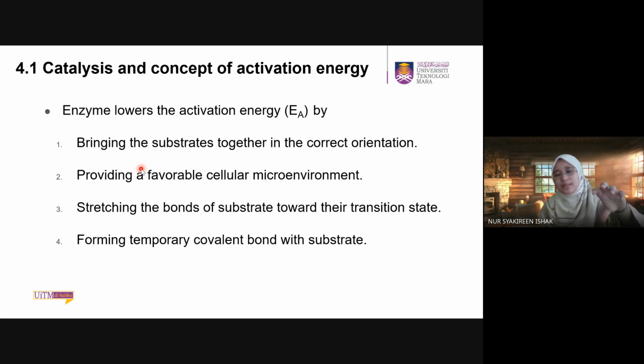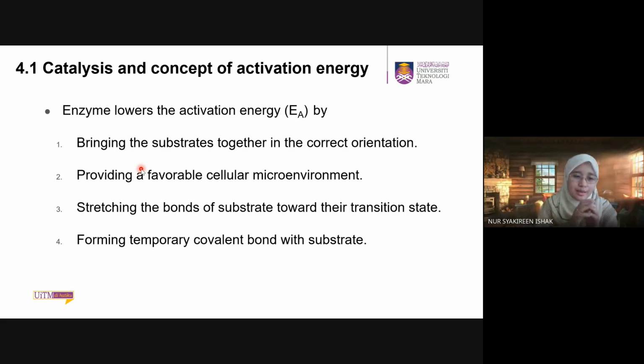Once the substrate binds to the active site, it causes bonds inside the substrate to vibrate, and before the bond is broken, that is the transition state. The transition state is before the substrate is converted into product.